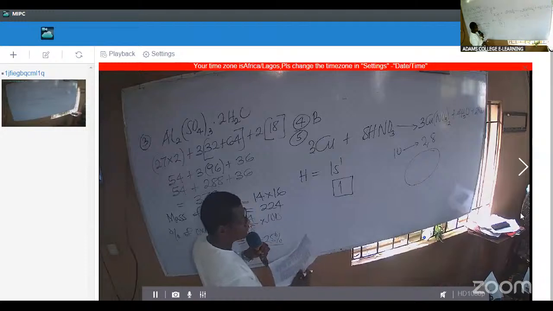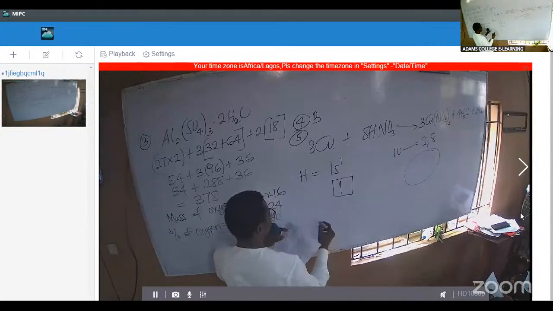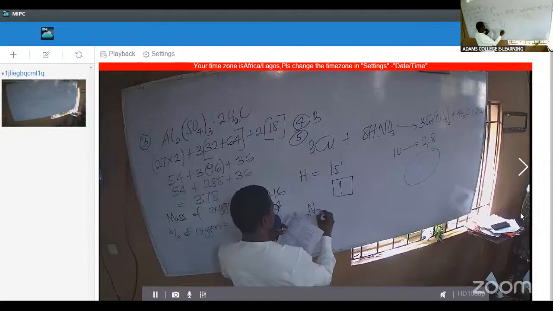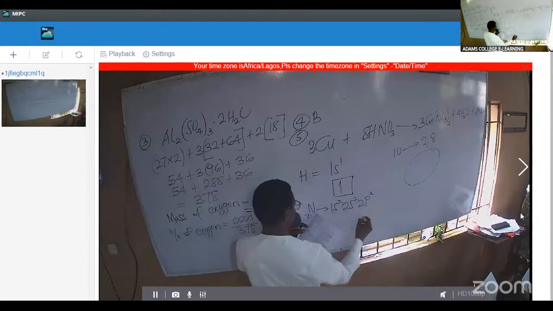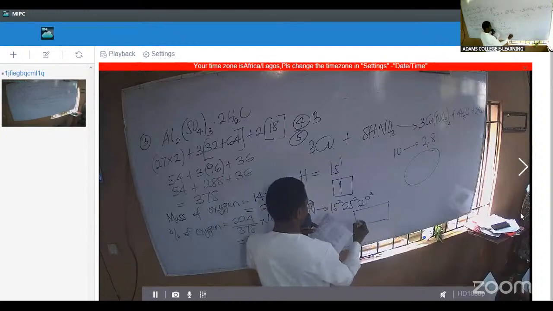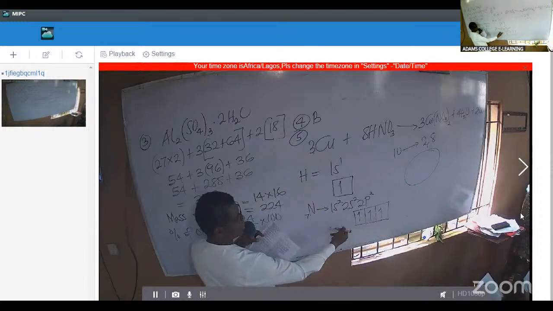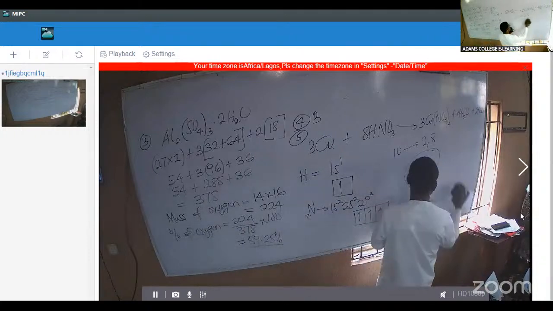The nitrogen is 7: 1s2, 2s2, 2p3. We're having 1, 2, 3. Do you agree with that? That's nitrogen, no? The guy has unpaired electrons, so this guy is paramagnetic too. Para.